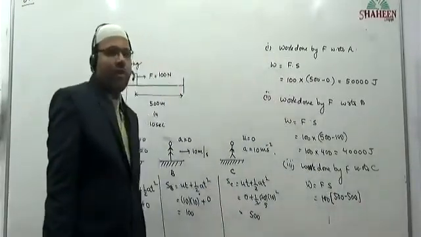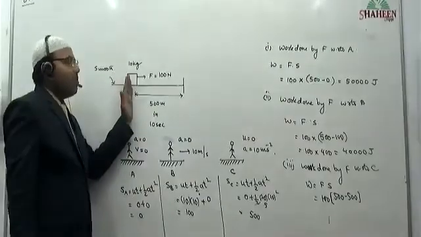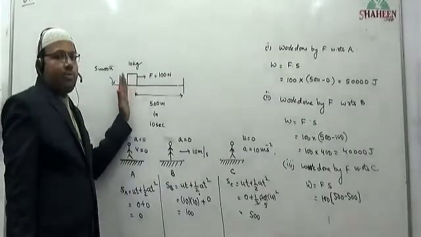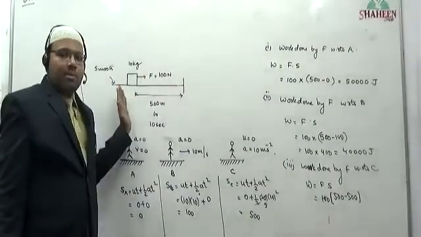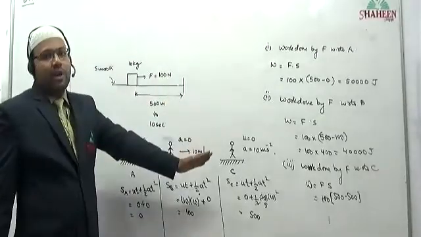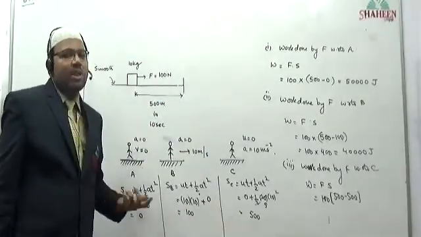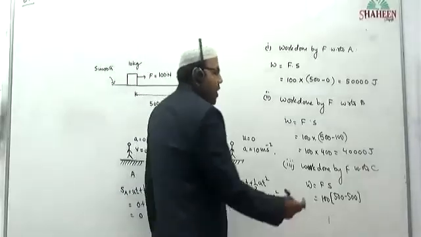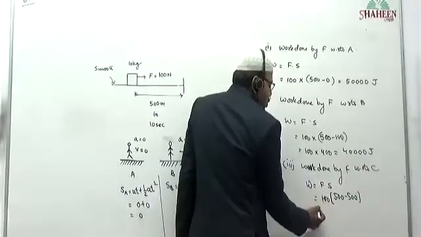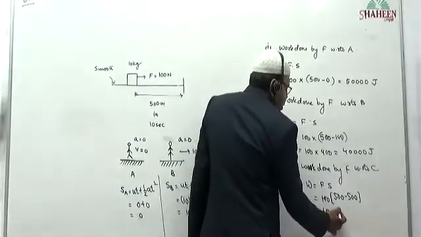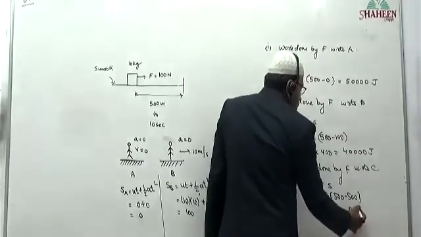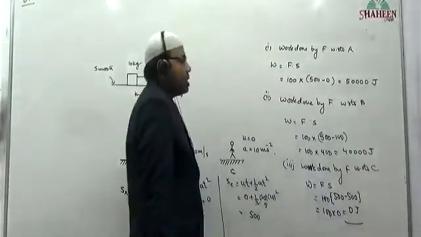C is also 500. That means if we keep C stationary here, the block is moving 500 meters, and observer C is also moving 500 meters. So with respect to C, how much is the displacement? No displacement. That is 500 minus 500, that is 0. So 100 into 0 gives us 0 joule. No work is done with respect to C.